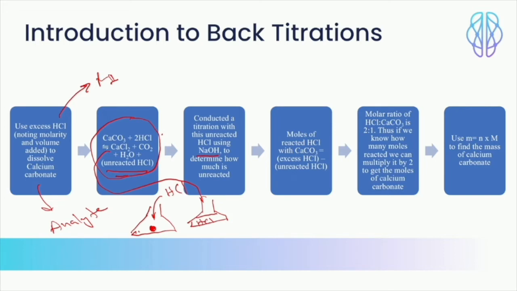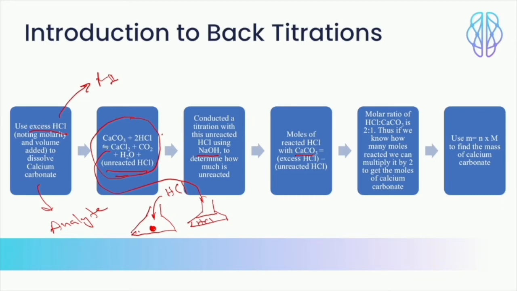As HCl and sodium hydroxide are in a 1-to-1 ratio, if I know how much sodium hydroxide I used, I know how much HCl there is, and thus I know how much unreacted HCl there is. Thus, the moles of HCl that reacted with calcium carbonate are what I originally added in excess, minus the unreacted HCl.